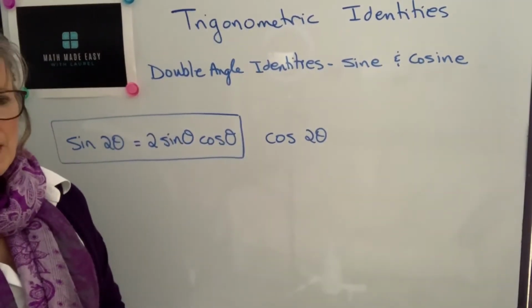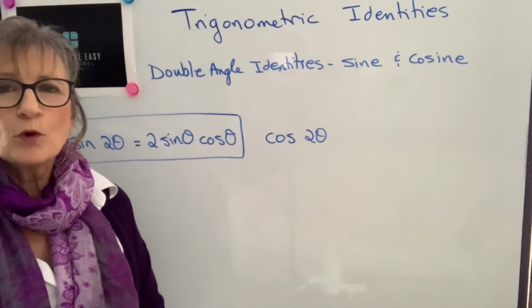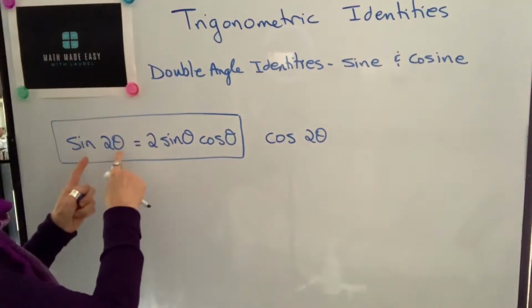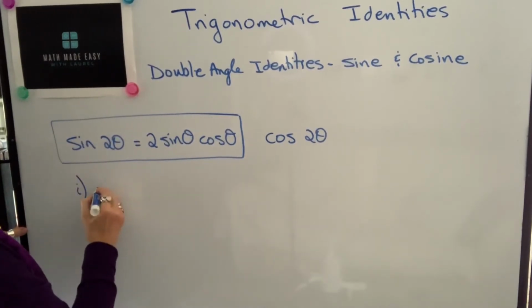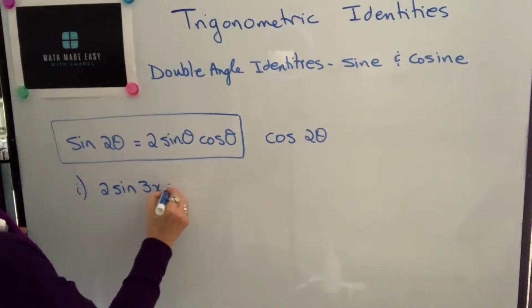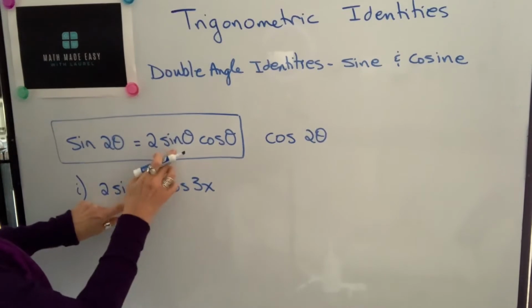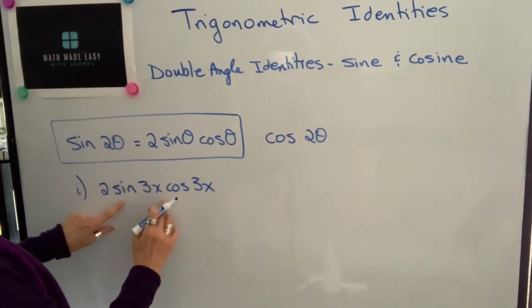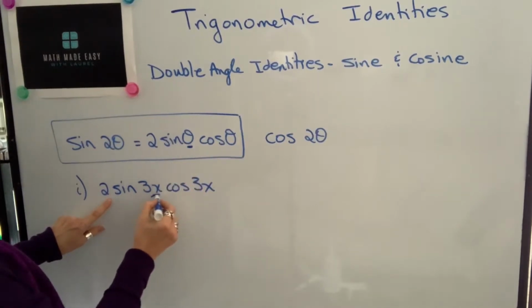So if you had certain expressions that you might want to use this identity to simplify, for example, if I had 2 times the sine of, let's say, 3x times the cos of 3x, we could use this identity to express this as, in this case, my theta is 3x.